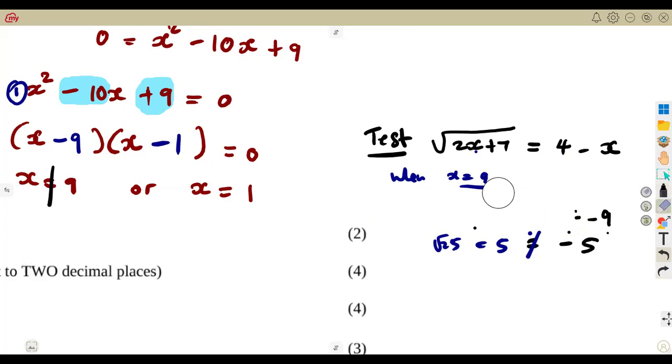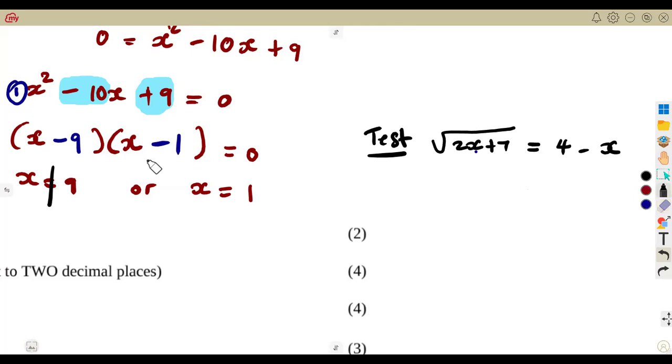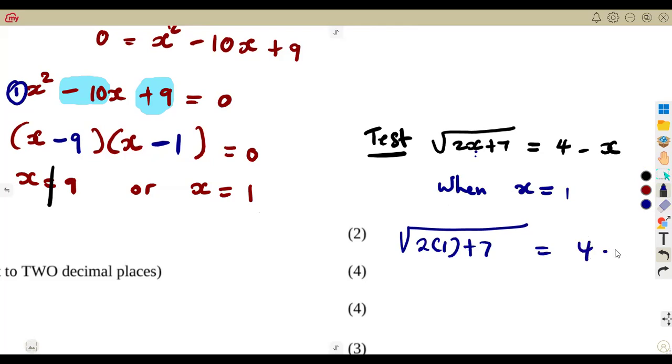We move on when x this time is equal to 1. In place of x, I'm going to substitute 1. So that's the square root of 2 times 1 plus 7. Is it equal to 4 minus 1? That's 2 plus 7, which is 9.